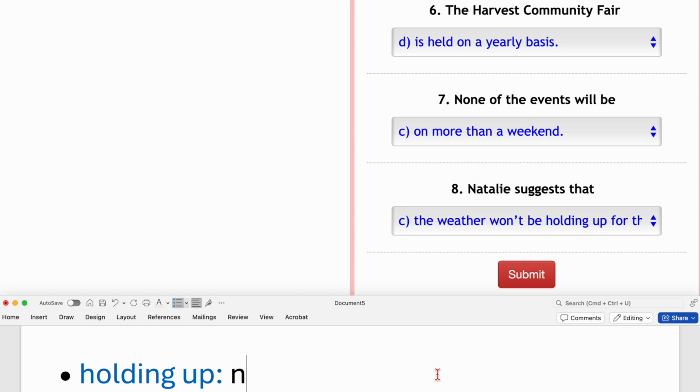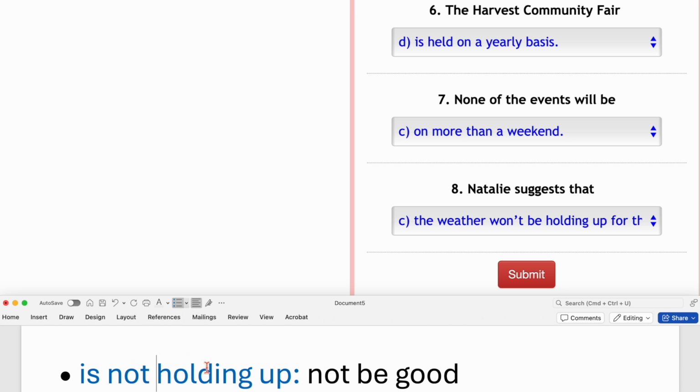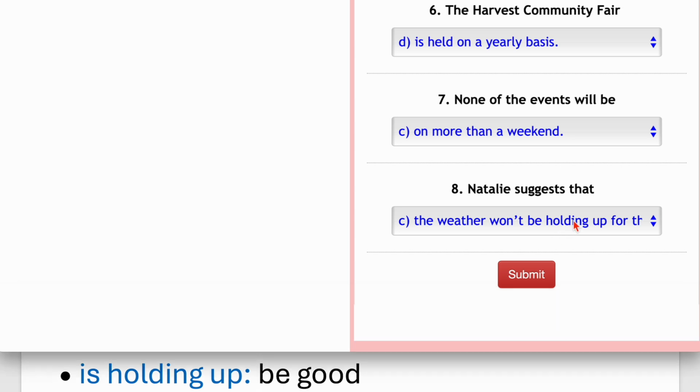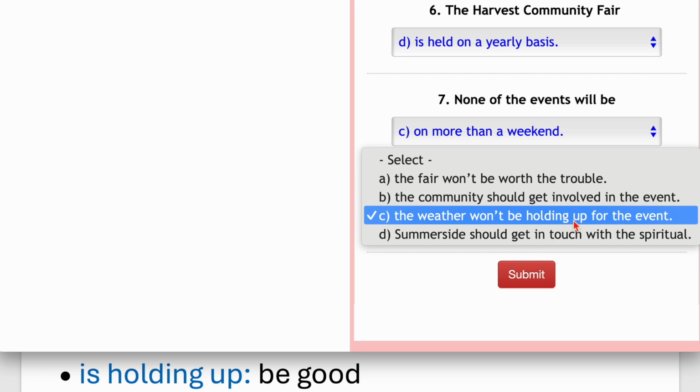So, not be good. So, the weather here, the weather is not holding up. It's not going to be good. If we say the weather is holding up, it will be good. So, that's what it means here. Won't be holding up means the weather will not be good. Holding up, the weather will be good. But she didn't talk about the weather.